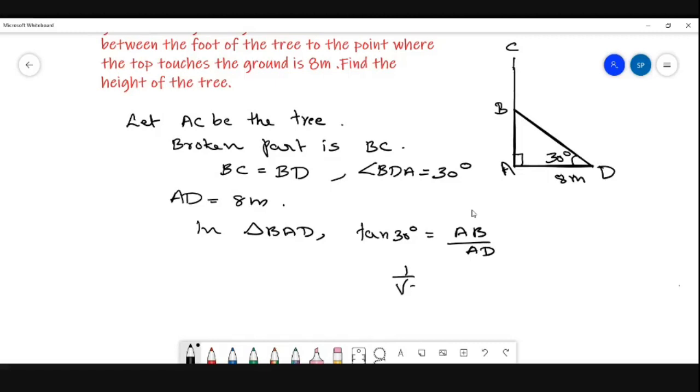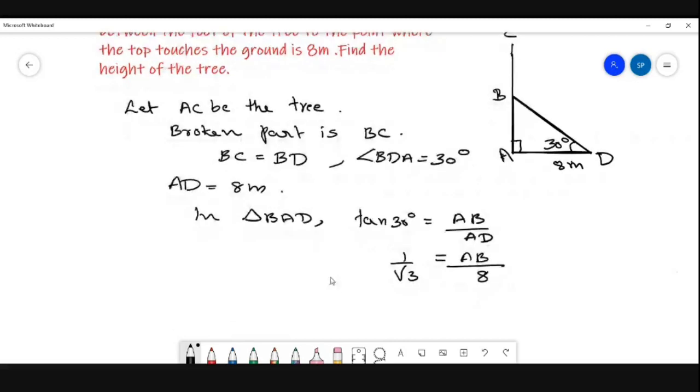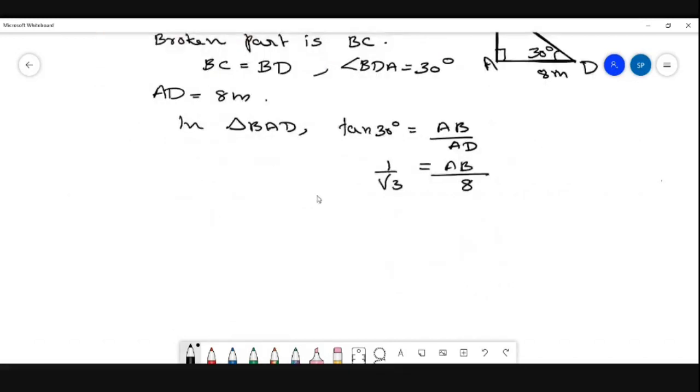Tan 30 is 1 by root 3, and AB divided by 8. Now we can do cross multiplication. Root 3 into AB equal to 8, or AB equal to 8 divided by root 3. Let it be there, equation number 1.